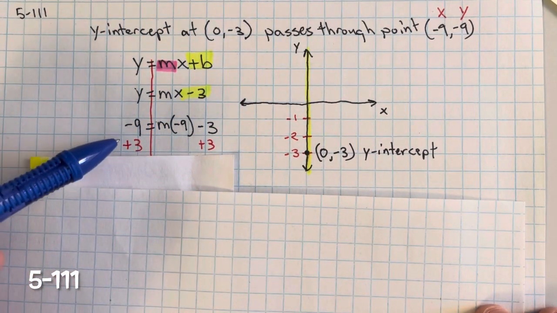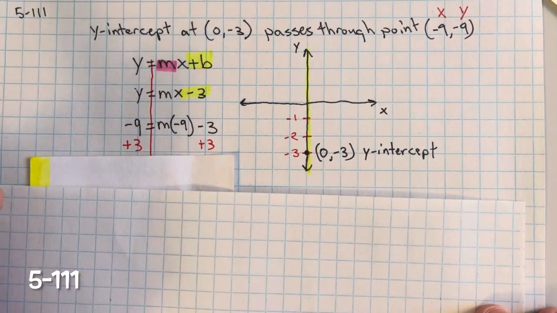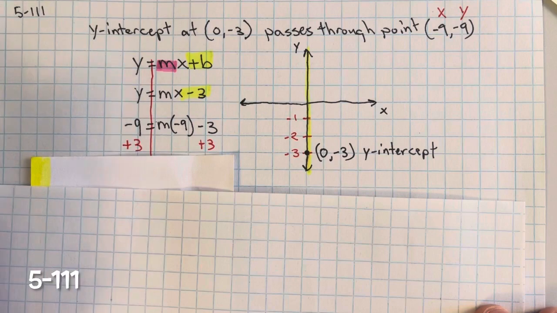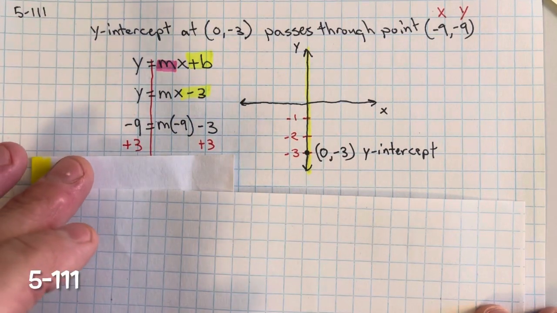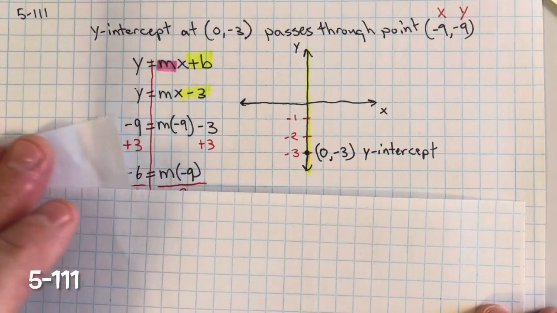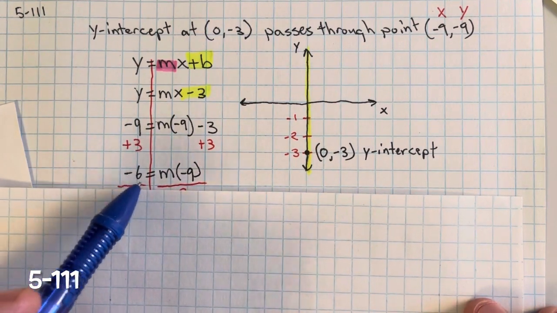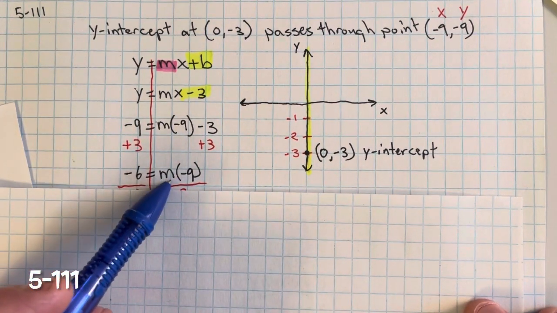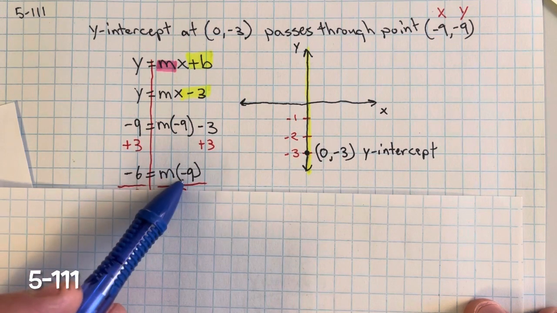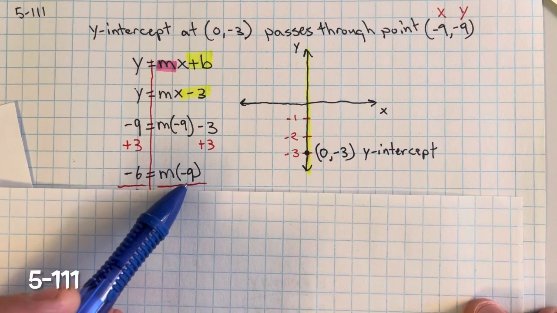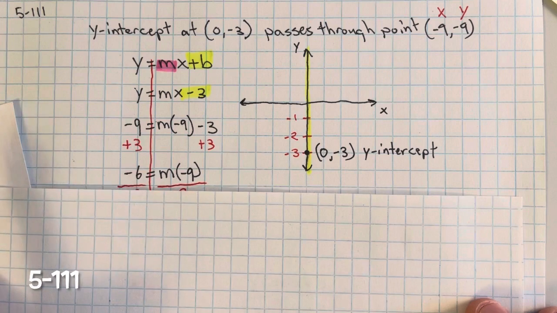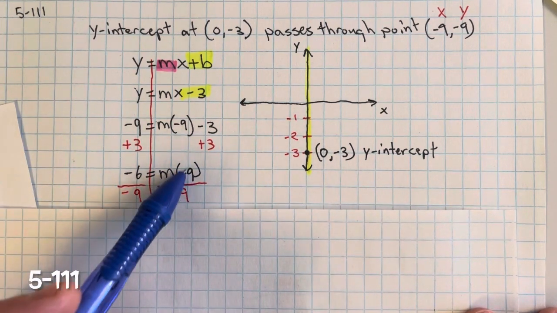And then -9 plus 3, we have more negatives than positives, so we know it's going to be a negative. The signs are opposite, so you're going to subtract. 9 minus 3 is 6, so you end up with -6. Still don't have the slope by itself, m, and so we have m multiplied by -9. Inverse property of multiplication is division, so we're going to divide both sides by -9.